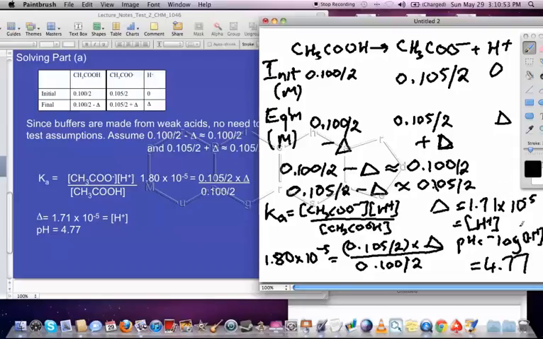So to calculate that, what I'll do is I'll take the log of 1.71 times 10 to the negative 5 in my calculator and find the negative of that value. It's going to be 4.77. So that is the initial pH of the buffer solution.